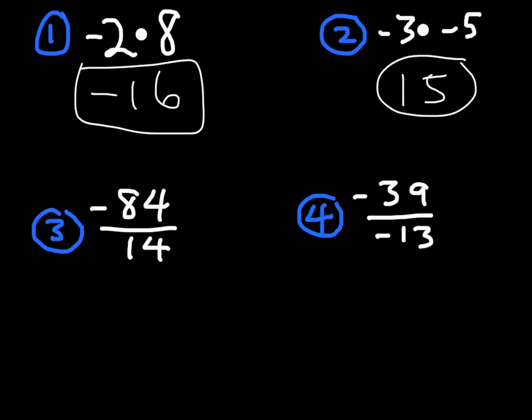Right? Negative 84 divided by 14 for number 3. Well, can't use calculators, so if we do the long division here, if we put 14 into 84, how many times does that go? Well, let's try 5.